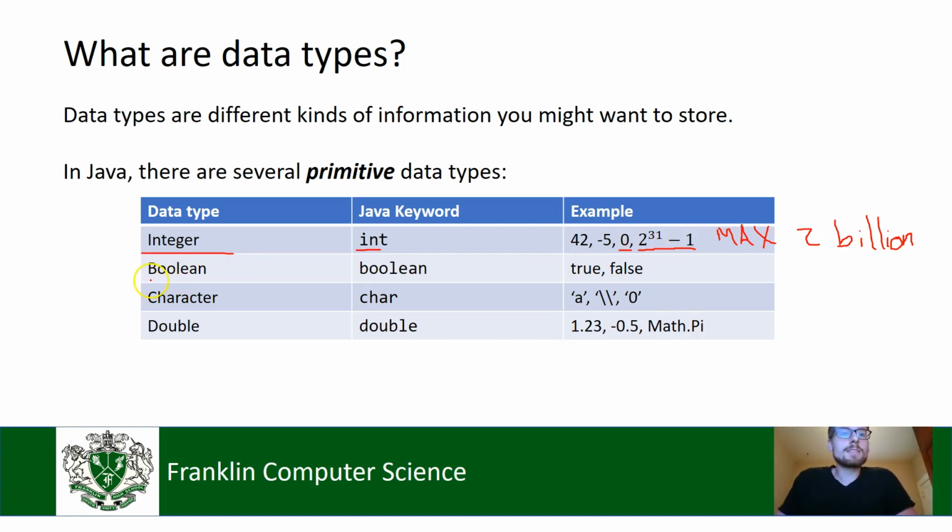The next data type on this list is one that you've probably never heard of before, unless you've done programming in the past. It's the Boolean data type. I'm just mentioning it now because it is one of our primitives.